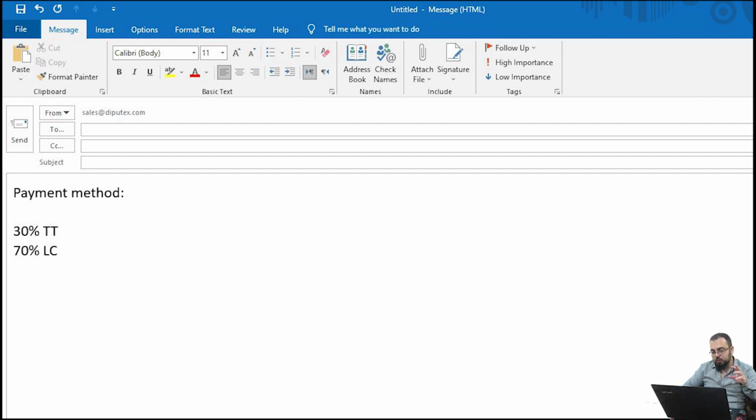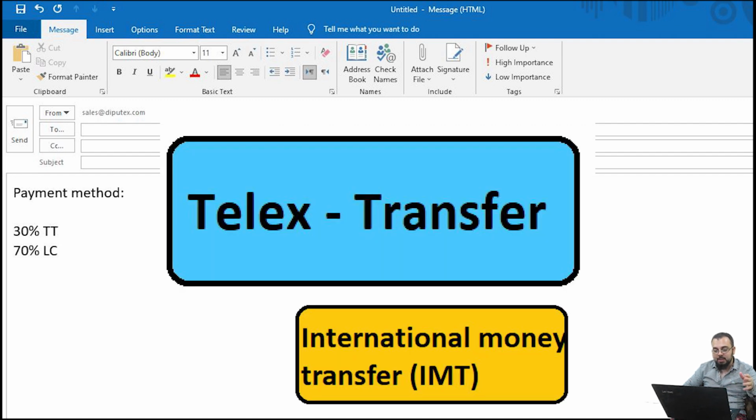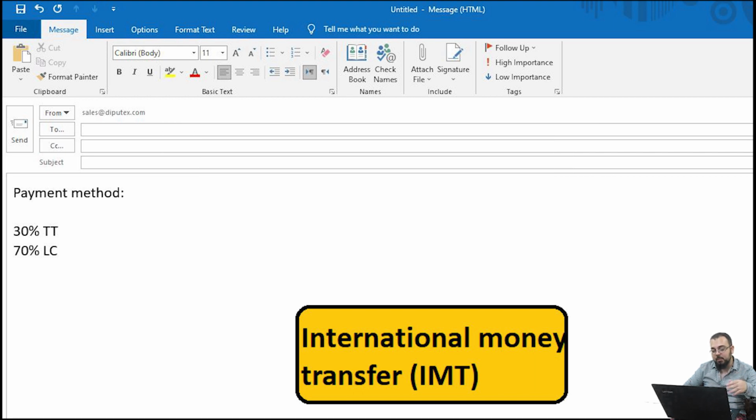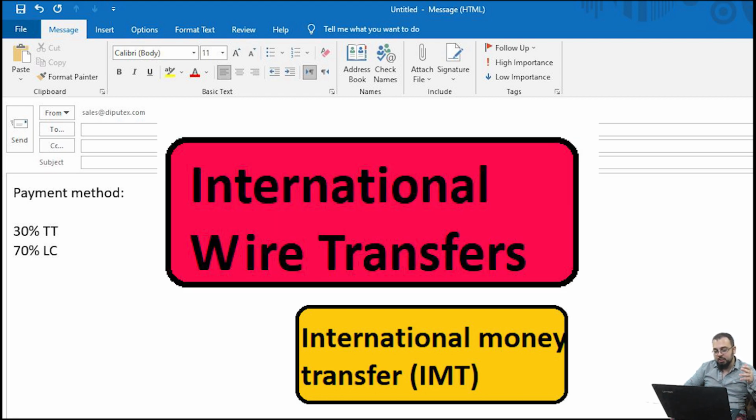Of course, depending on your country, there are other words used instead of TT or telegraphic transfer, for example telex transfer or international money transfer, IMT, which is common in Australia, international wire transfer and others.